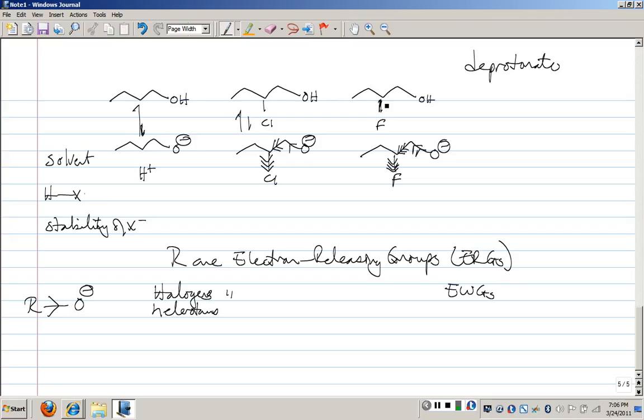So as I change from H to Cl to F, the acidity of the compound increases. You might expect that if I stuck 2 fluorines on, that's an even stronger acid still, because obviously I'm going to be hemorrhaging electron density from the O minus.